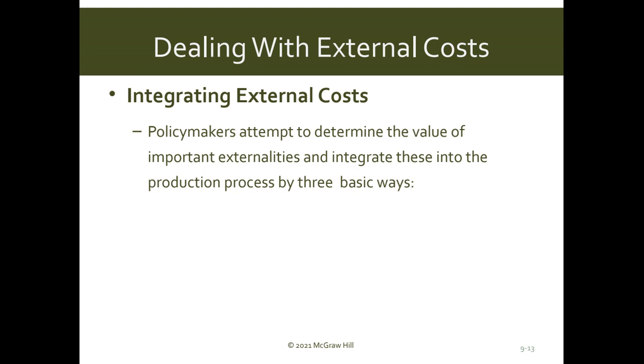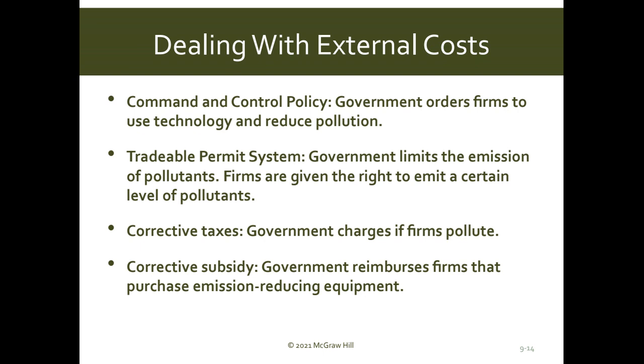Government can integrate external costs or external benefits using three ways, but I am concentrating here only on integrating external costs. What are these three ways? These are the three ways that you have to read from your textbook as well. I'm just discussing them briefly.